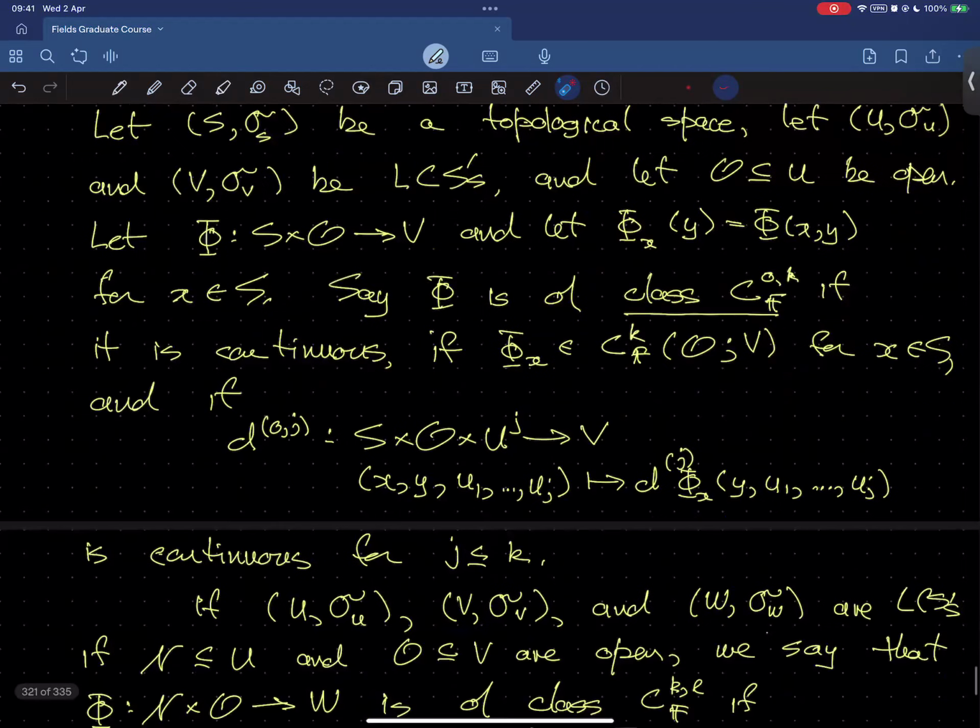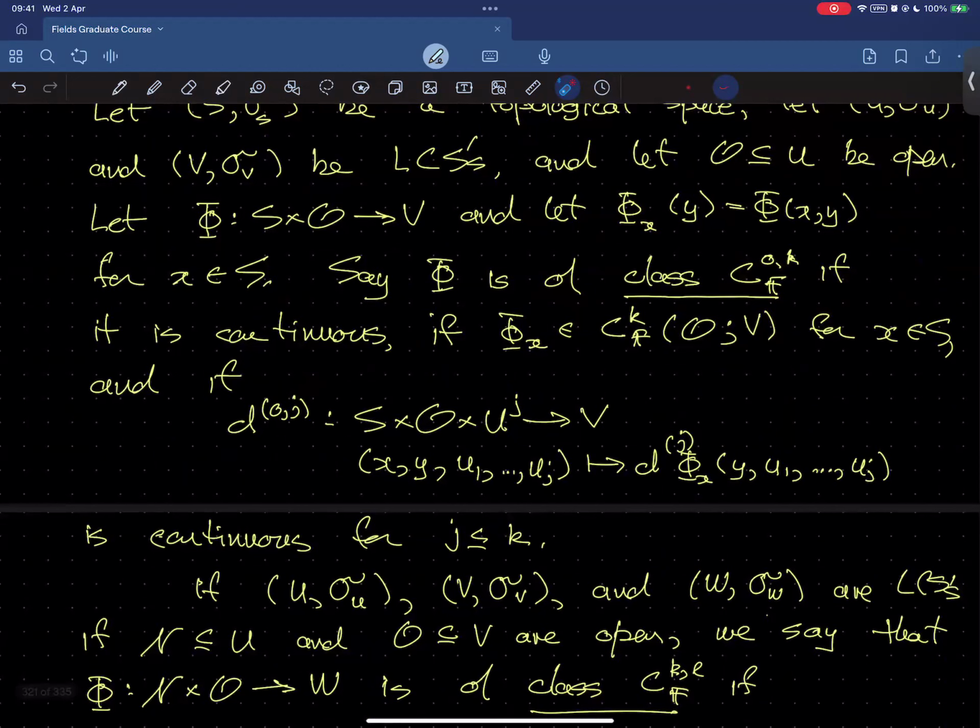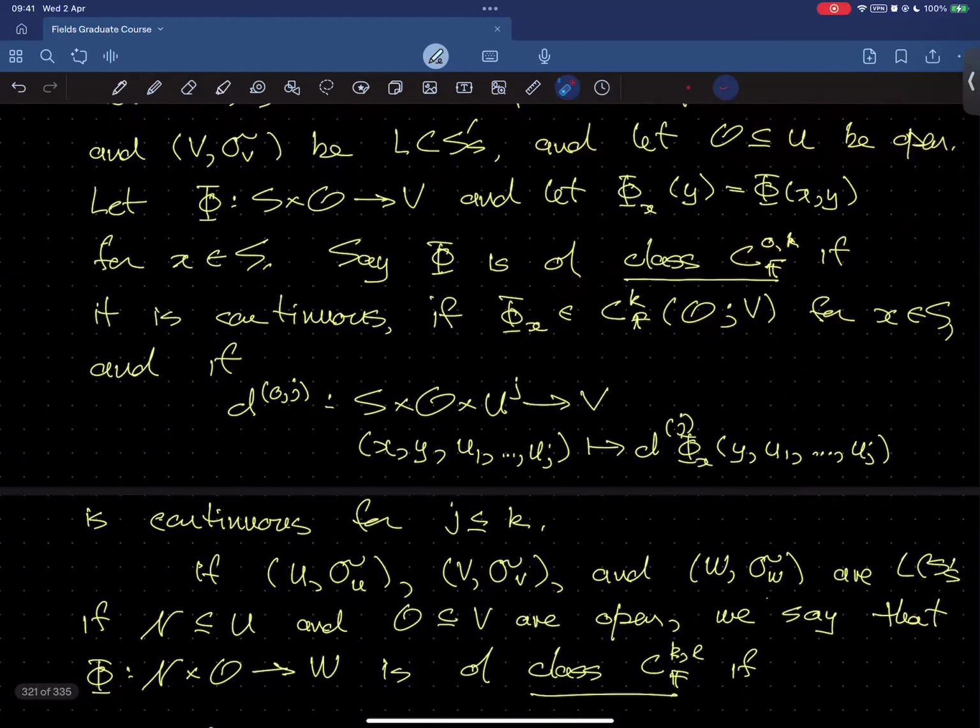And I'll say that phi is of class C0K if, when I fix an X in S, it's just a mapping from O into V, and we know what to do with mappings from O into V. We can ask that they be of class CK. So it's continuous in both variables.